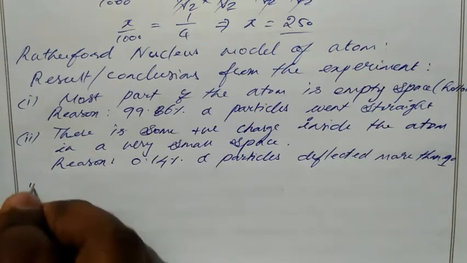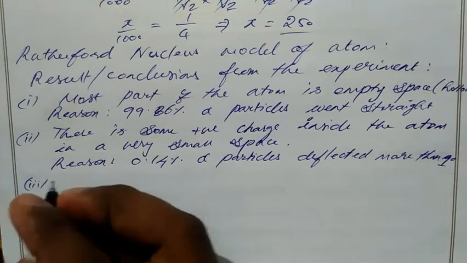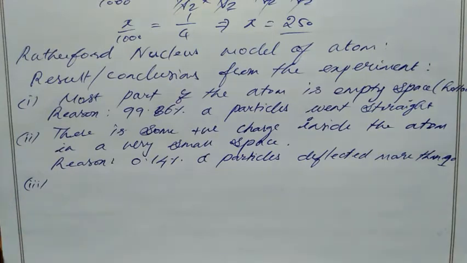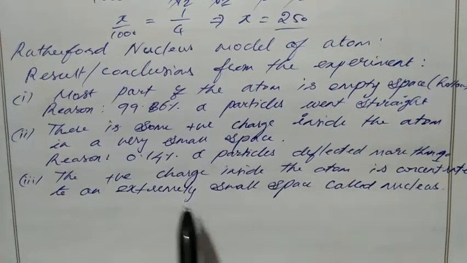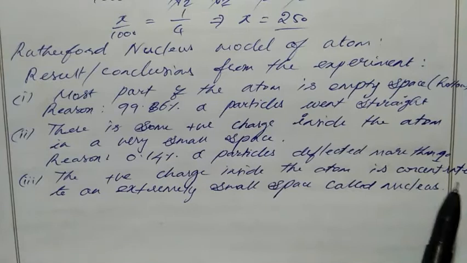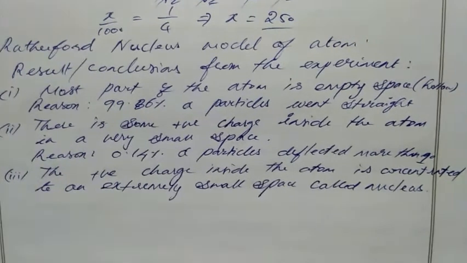Then third conclusion, the positive charge inside the atom is concentrated to an extremely small space called a nucleus. So there is a positive charge concentration in a very small space. That space is called a nucleus.